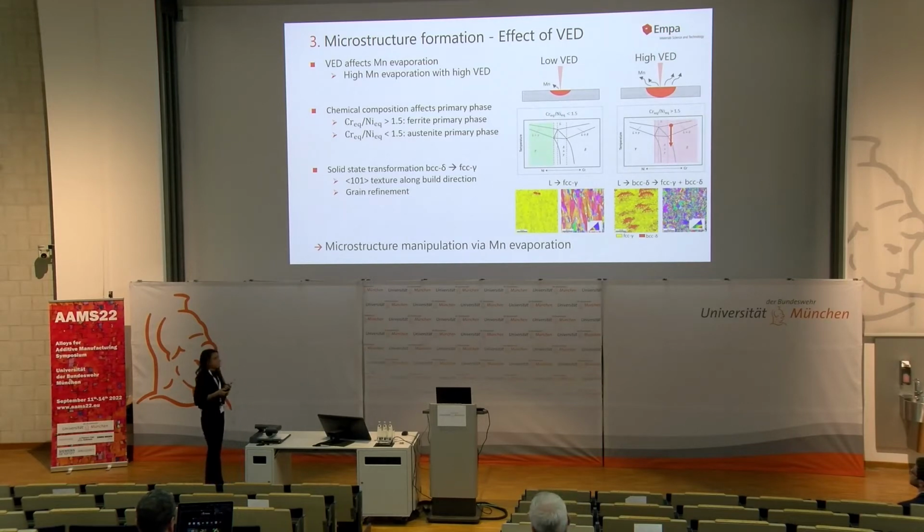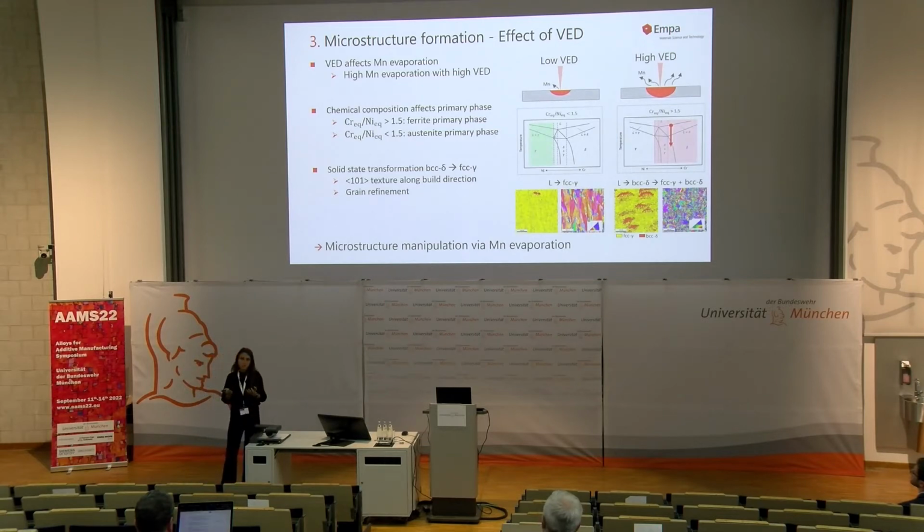So why do we have that? If you think about what high volumetric energy density means, it means that the heat we introduce in the material is very, very high. In the extreme case, the heat input is so high that part of the manganese can be evaporated. So we have a loss of manganese during the process. Basically we are changing the chemical composition of the alloy.